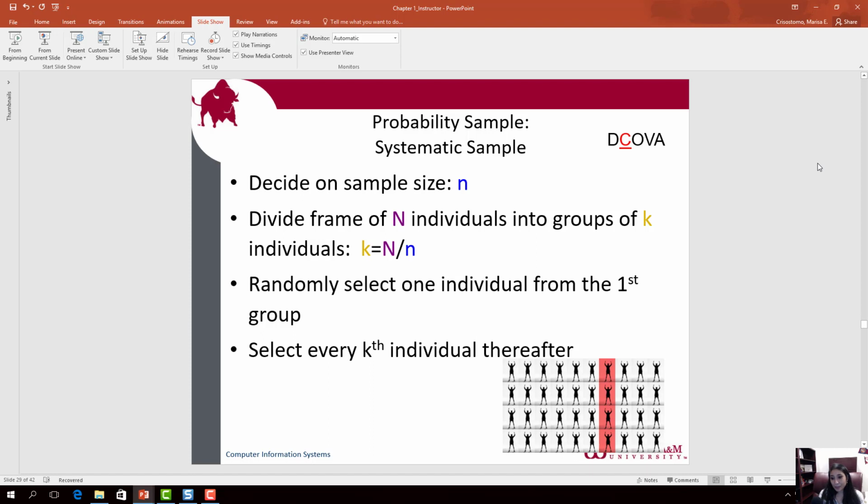A systematic sample, again, isn't used as often because we have random number generators, but the systematic sample is really used when you had a phone book and you wanted an easy way to pick your sample.